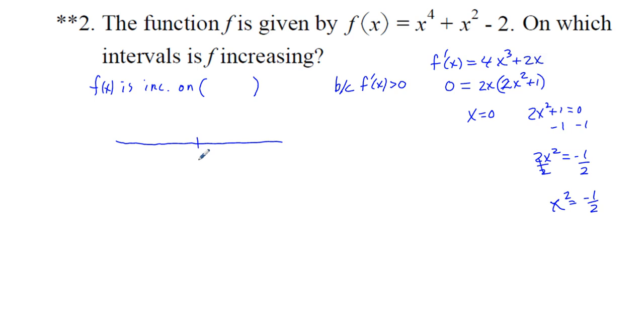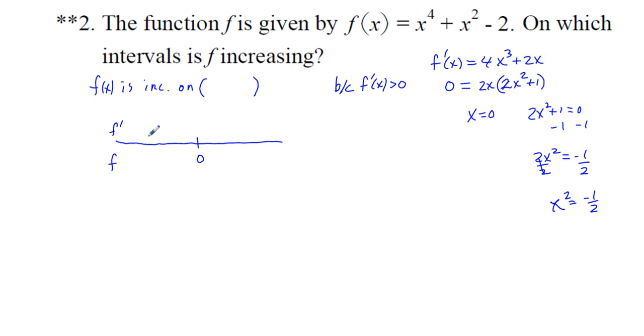So now we're going to make our number line. Just put a 0 here. And above we put f prime of x, and below f, and we're just going to examine left of 0 and right of 0. If we take a negative number, we know we're going to be negative, right? Because this 2x squared plus 1 is always going to be positive.